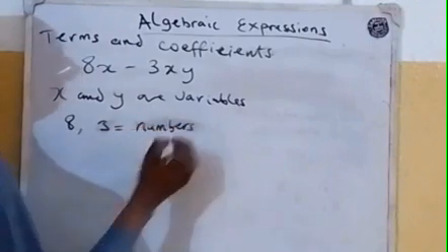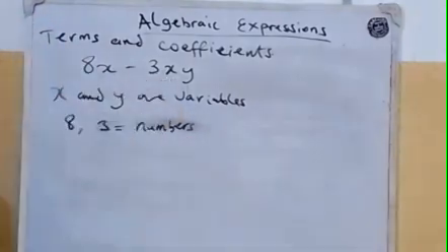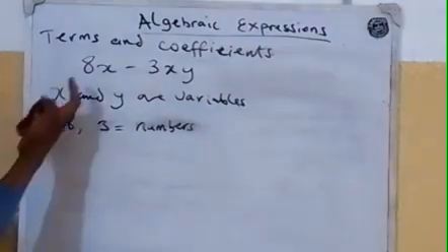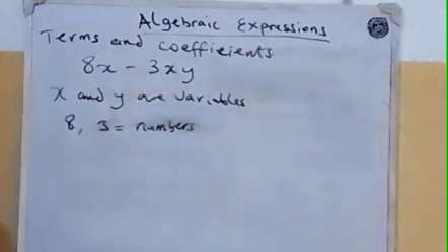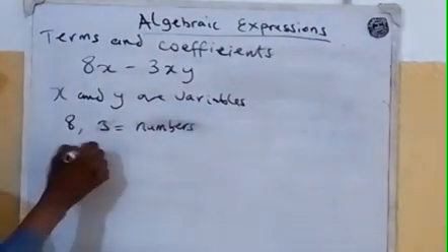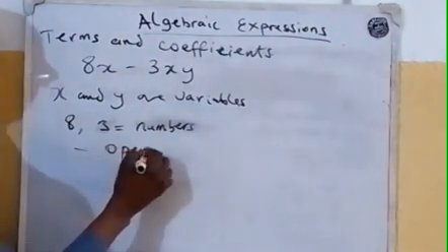But at the same time, they are the coefficients of the variables. Coefficient means the number that is in front of the variable, the alphabet. And minus is the operator or the operation.